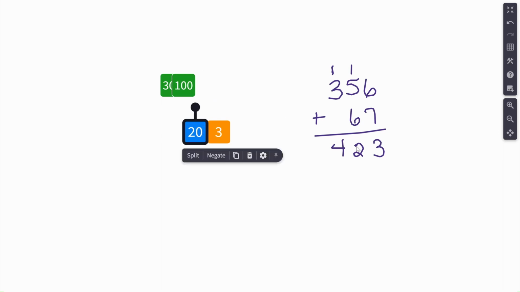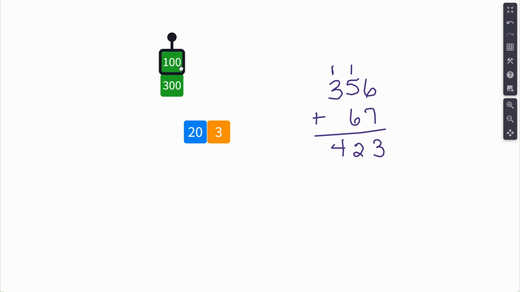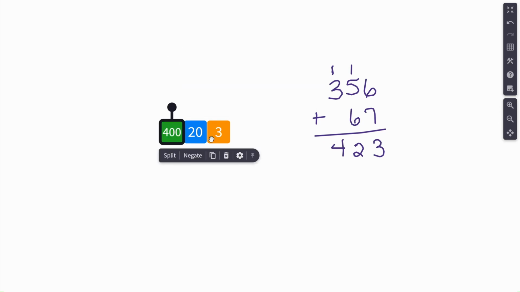There's my 20 down in the answer line. And my 100 is what I previously called carrying, but now it was a regrouping of that 120 into 100 plus 20. And now I have my 400. So I have 400 plus 20 plus 3. If I merge those all together, I'm going to get 423.